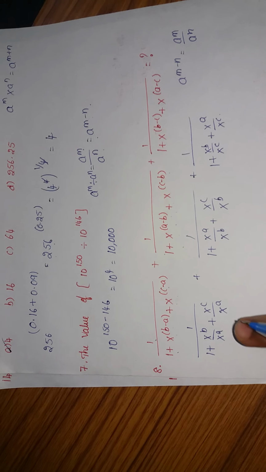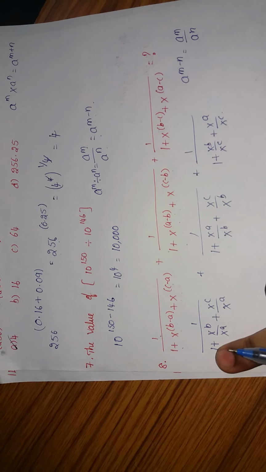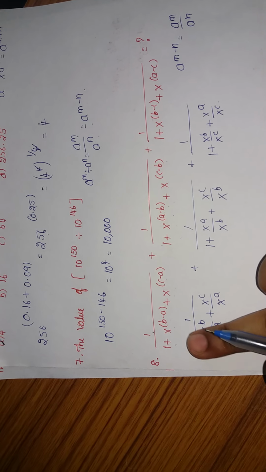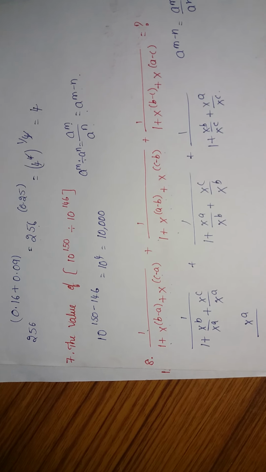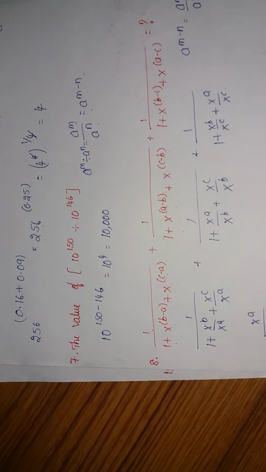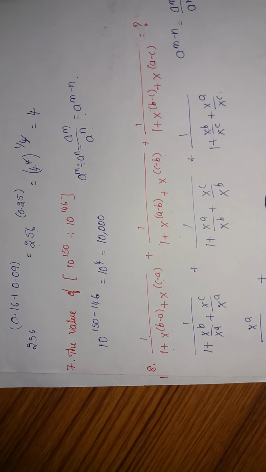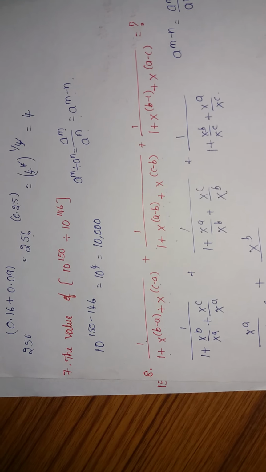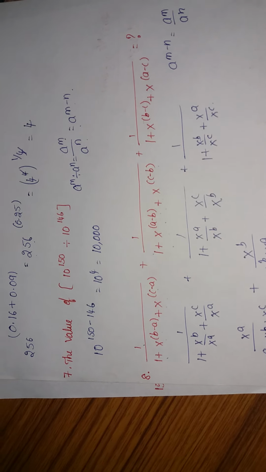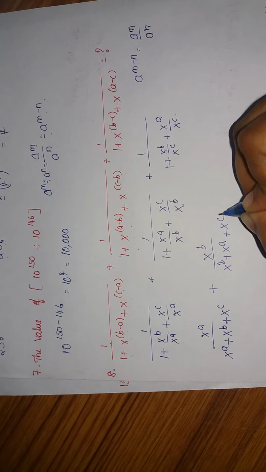How? Here the LCM is x power of a, it goes to the numerator. So we can get x power of a by x power of a plus x power of b plus x power of c. In the same way, here LCM is x power of b and we can get x power of b by x power of b plus x power of a plus x power of c.